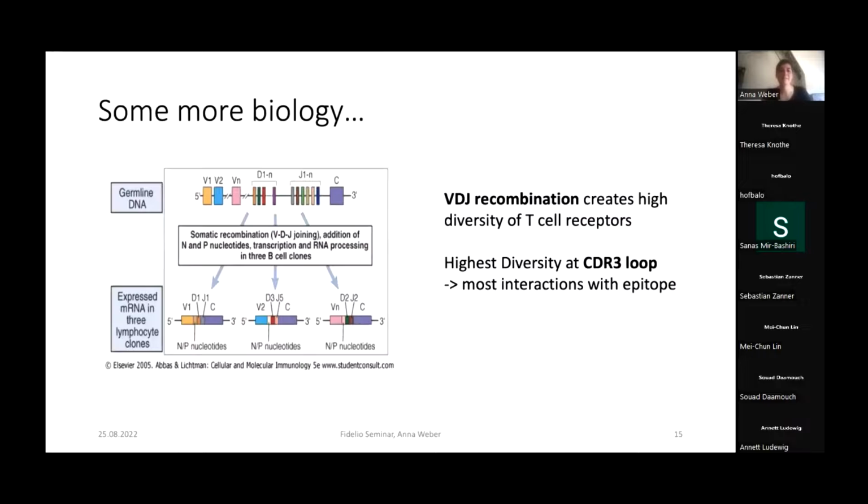Right. So the next part, we're going to look more closely at these receptors, at the sequences that we're finding. And so we need to do a little bit more biology at this stage to be able to understand the following analysis. Right.